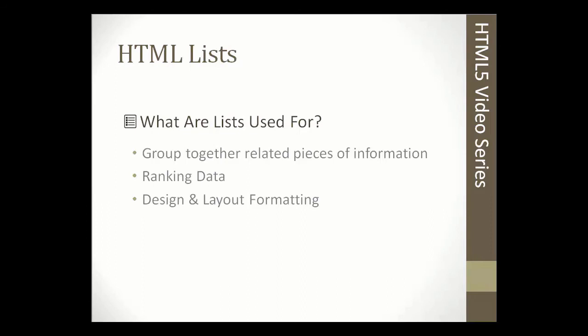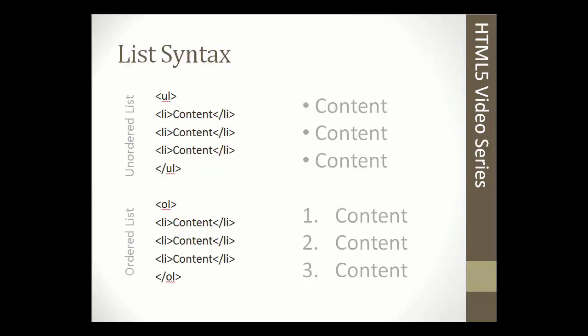Even images, a lot of times I'll have a set maybe of 3 images I want displayed across a website, and I'll put each image inside of a list, and I'll just float it, and it's a nice horizontal layout of images. So it can be used for many different types of layout and formatting.